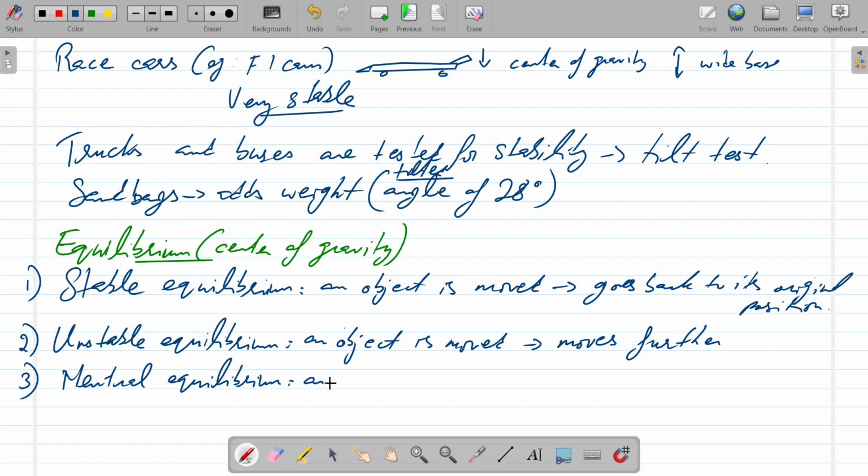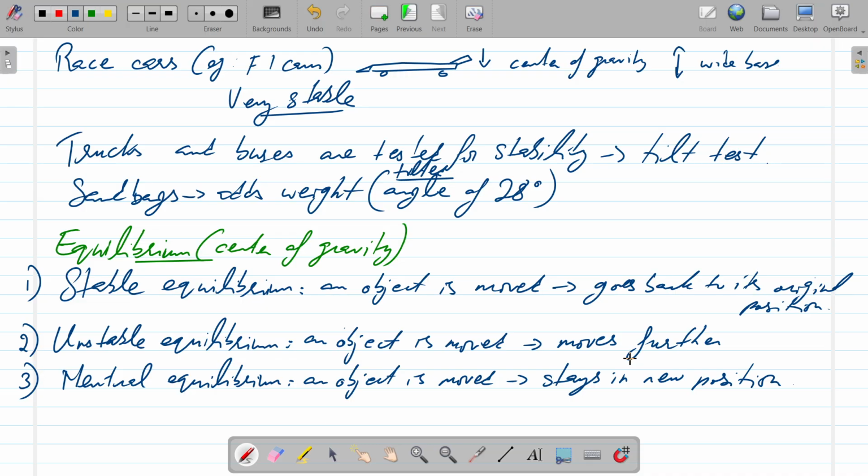So when an object is moved, it just stays in its new position. Right? It's not going to bother going back. It's not going to bother moving further away. It's just going to say, okay, fine, new position, I'm good.